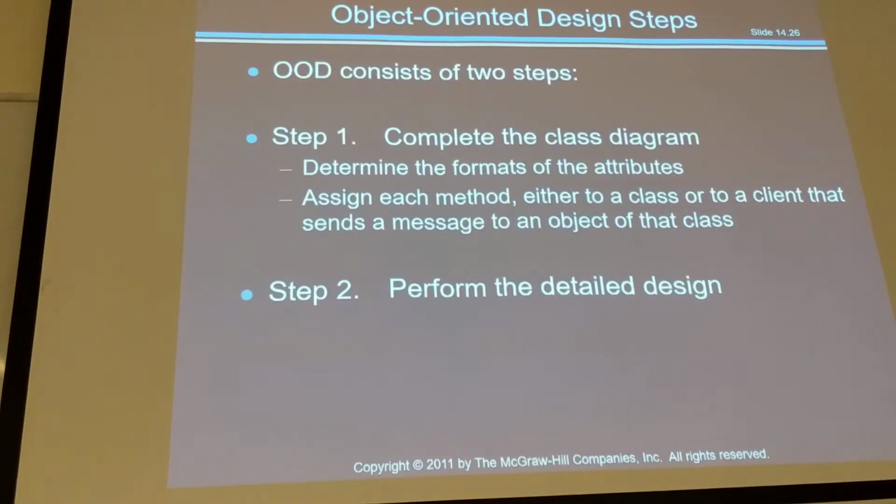So in terms of object-oriented design, remember from object-oriented analysis, we have all the classes identified, their attributes assigned, and their methods assigned, and now we're just going to finish it up, right? Number 1, complete the class diagram. Then step 2, assign the algorithm for each method.